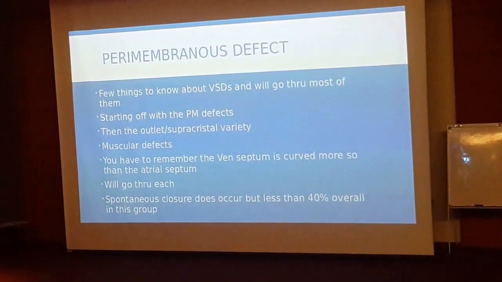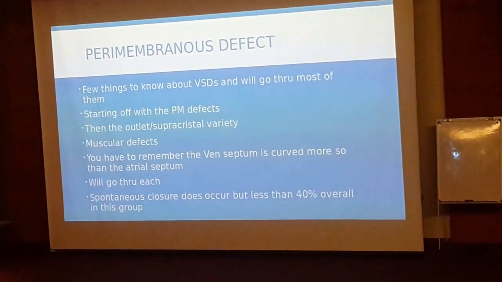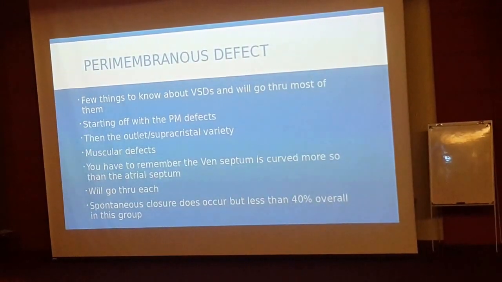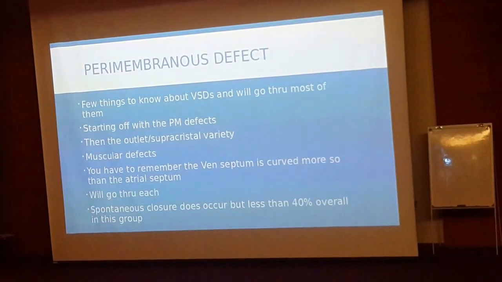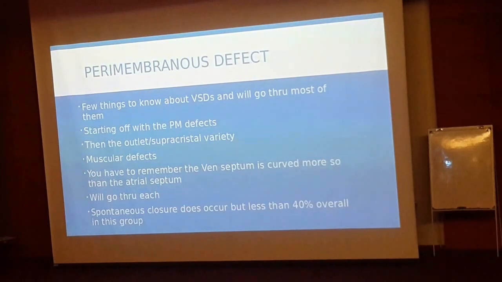Then the muscular defects, we'll talk about them a little. A lot of the muscular defects undergo spontaneous closure on their own, but some do not, and then we have to tackle those.